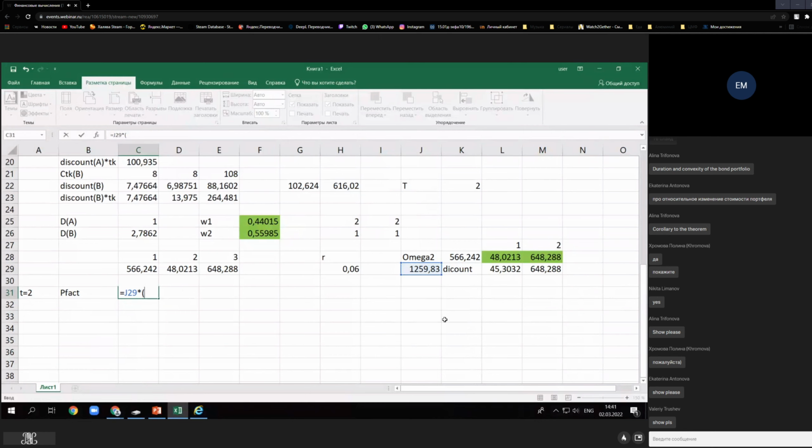The new rate is equal to this one, and the period is equal to 1 year because it will be the end of the horizon of the investment. So you will get this one.